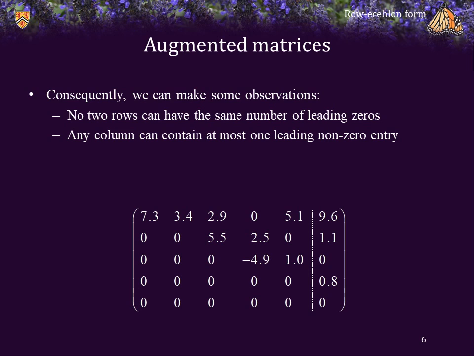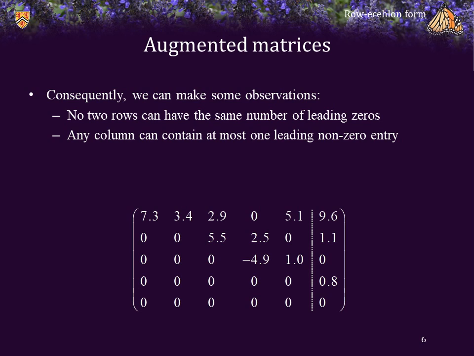Any column can contain at most one leading non-zero entry. And you'll recall that a column is said to contain a leading non-zero entry if any of the entries of that column is the leading non-zero entry of one of the rows of the augmented matrix. Here, for example, the entry at index 2, 3, which is 5.5, is a leading non-zero entry in column 3, for it is the leading non-zero entry of row 2.